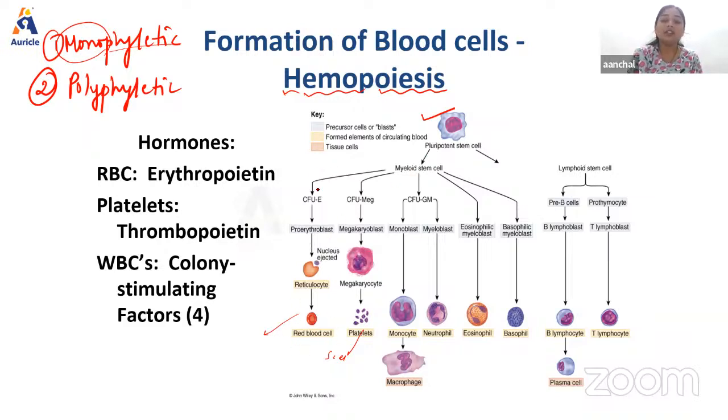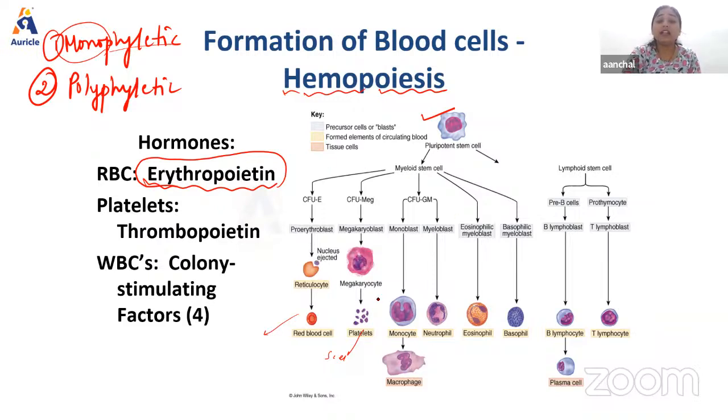All these steps we are going to learn in detail in today's class. That process of formation of RBC is known as erythropoiesis. And for erythropoiesis, we need a very important hormone, erythropoietin, which is secreted by the kidney and liver both.